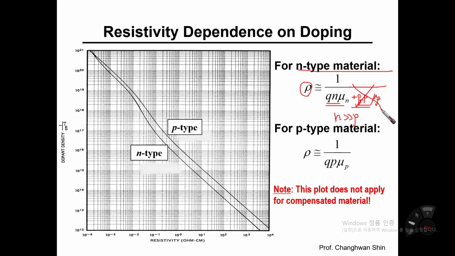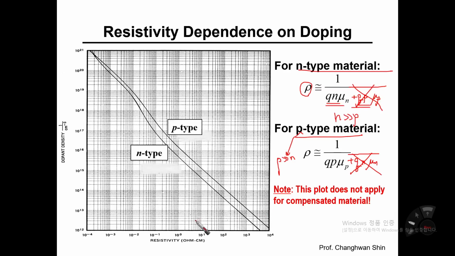Okay. And what about for P-type material? Since resistivity is defined as 1 over Q p mu P plus Q n mu N, but in P-type material, hole concentration is much higher than electron concentration, so you can ignore this term. Then it can make your life much easier when estimating resistivity of P-type or N-type material.